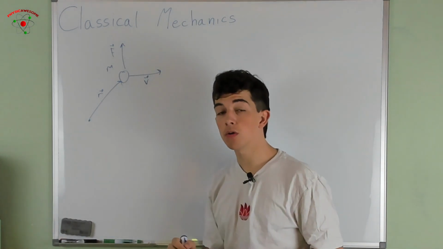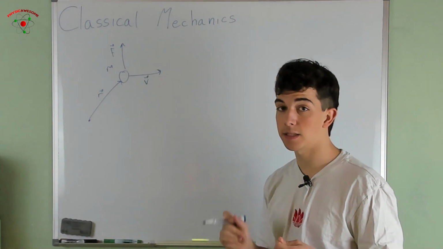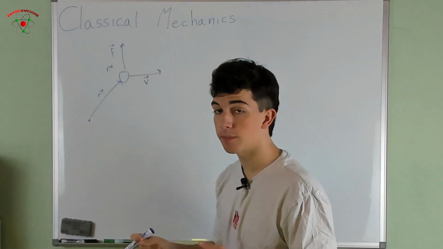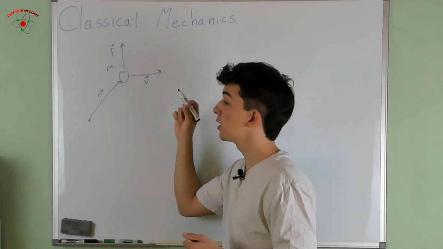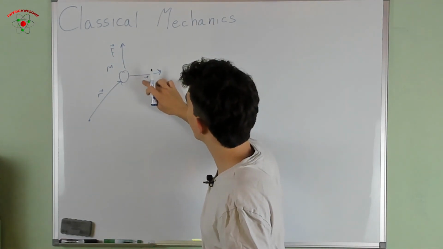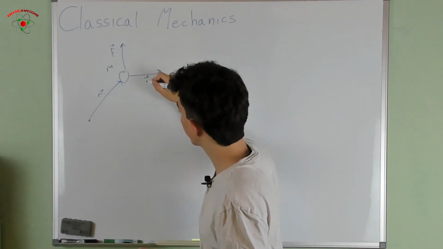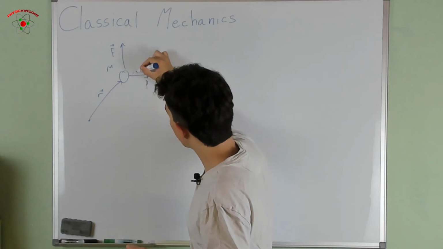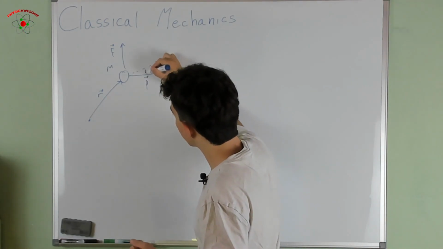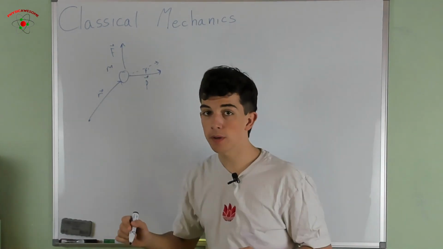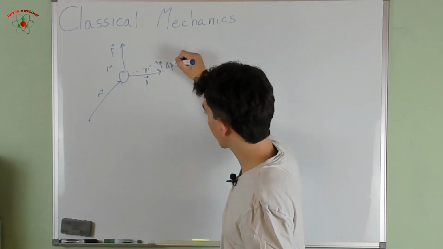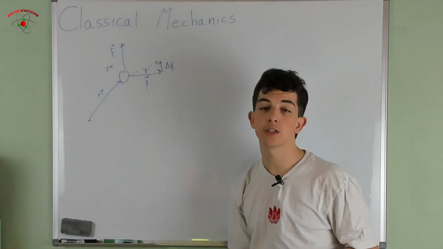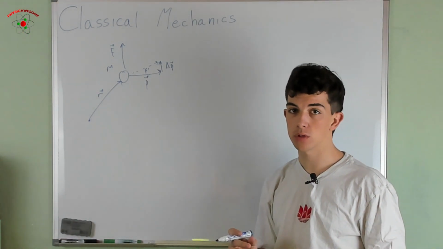Then we know that in the next time interval, the velocity is going to have changed a little bit. Specifically, let's consider the momentum instead of the velocity. We would have a new momentum, p prime, and there will be a change in momentum. This quantity is what we consider the impulse.